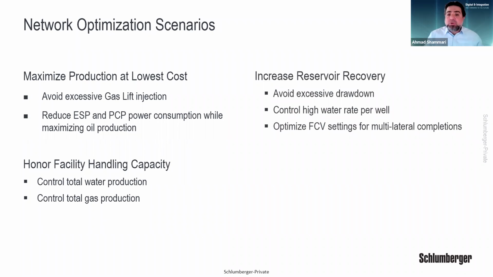Some operators need to increase reservoir recovery. This is their main objective. It's not really about how to maximize oil production. There are many national oil companies that can literally open all the chokes and produce.